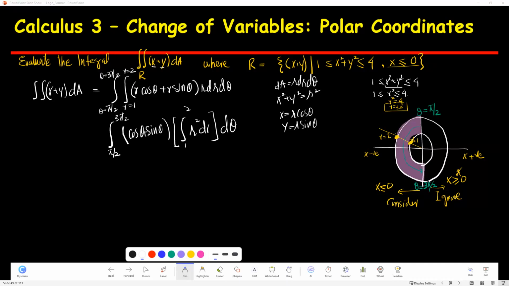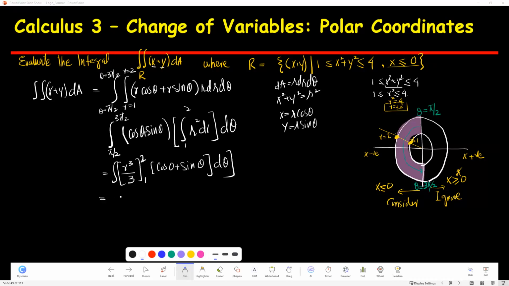From here, I can just write r cubed over 3 again, from 1 to 2. And inside the other parentheses, cos theta plus sine theta d theta. Okay, let's substitute the values.